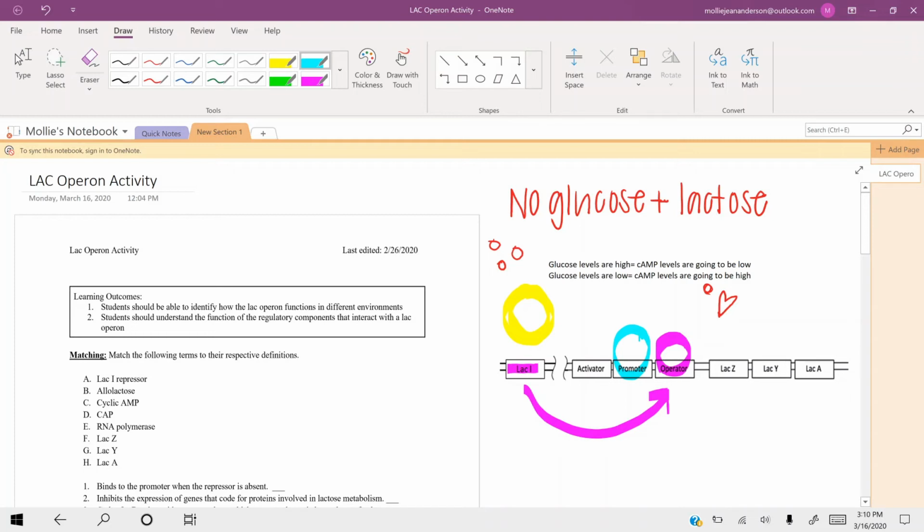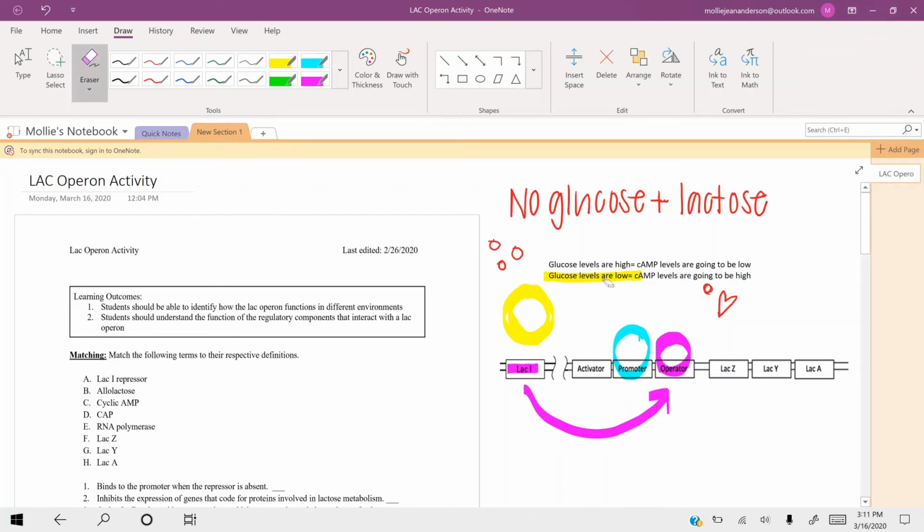So if we follow our little rules right here, we know that when there is no glucose or glucose levels are low, cAMP levels are going to be high. Why? Well, when glucose levels are low, we want transcription to happen at a very fast rate so that we have the enzymes that we need to break down lactose and use it as a usable form of energy.